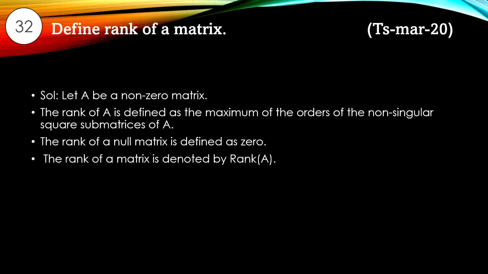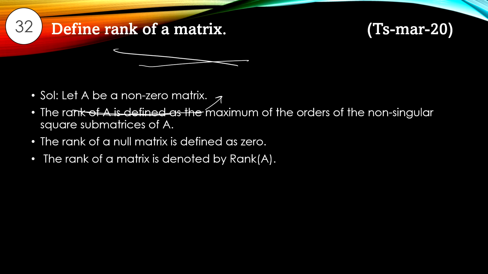So question number 32. Define rank of a matrix. Here they are asking for the definition of the rank of a matrix. So if you see, let A be a non-zero matrix, which means non-zero elements have to be present. Let A be a non-zero matrix, which need not be a square matrix, because we are able to find a rank for any matrix.